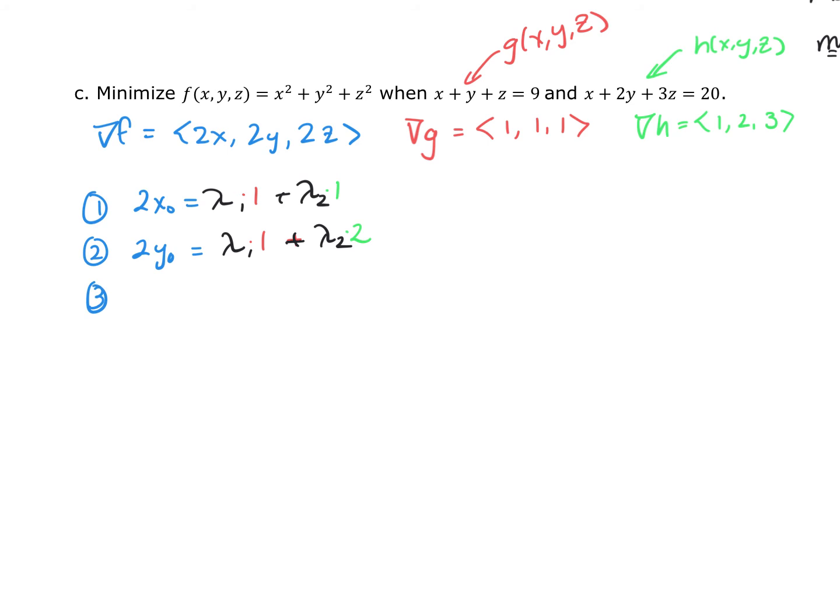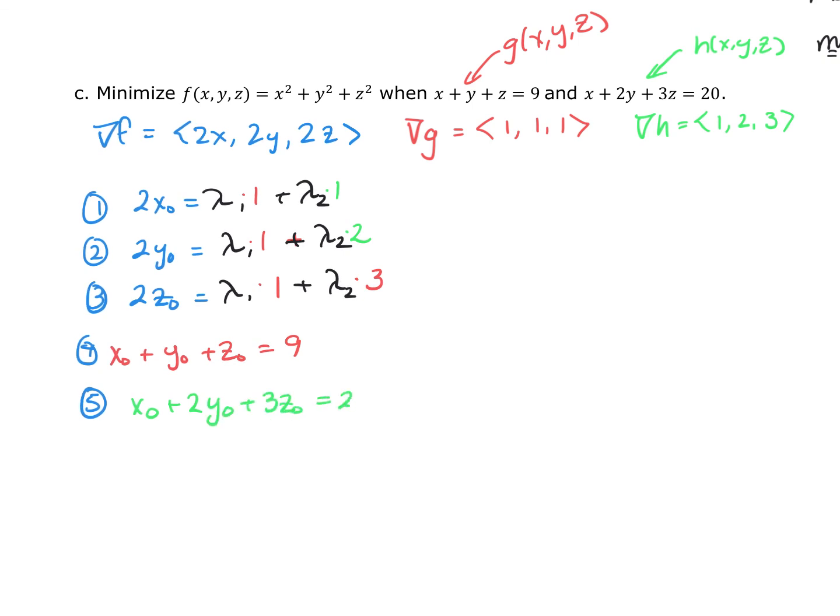My third equation is 2z naught is equal to lambda sub 1 times 1 plus lambda sub 2 times 3. My other equations are x naught plus y naught plus z naught is equal to 9, so that is my fourth equation. My fifth equation is x naught plus 2y naught plus 3z naught is equal to 20.